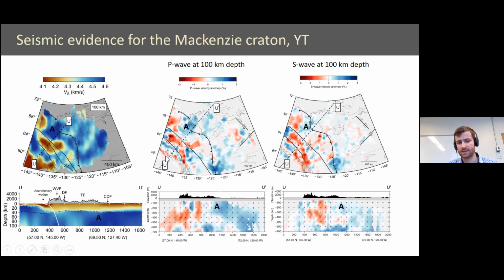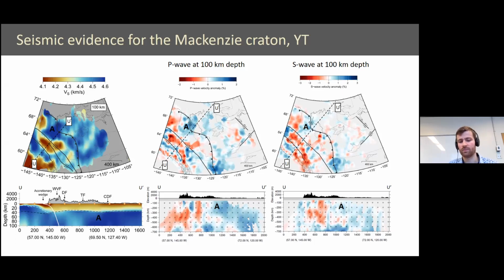So the transect UU prime is here running from here to there. This one doesn't go to Banks Island, but it's not very important here. What we see is that, again, this high velocity anomaly labeled A tends to extend deeper, almost to the mantle transition zone.